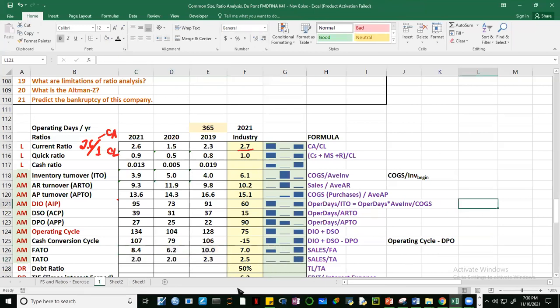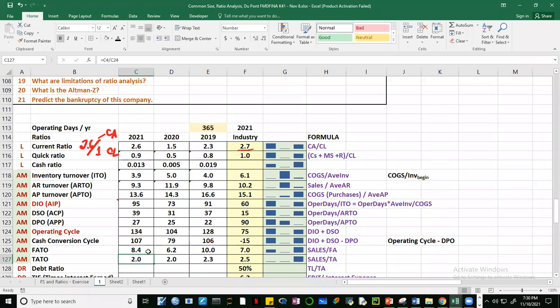So what's the meaning of this? What's the meaning of FATO, guys? It means for every 1 peso of fixed asset the company invested in, it was able to generate 8.4 pesos of sales. So the higher, the better. No? Kasi sales to okay, over the fixed assets. Okay, ito naman, TATO, it's for every 1 peso of total assets, how much sales is generated: 2 pesos.